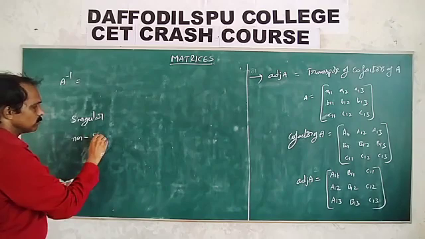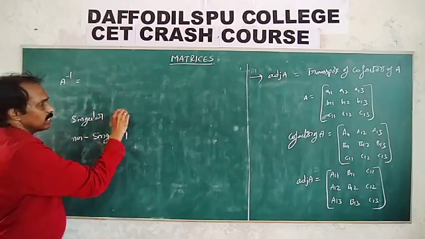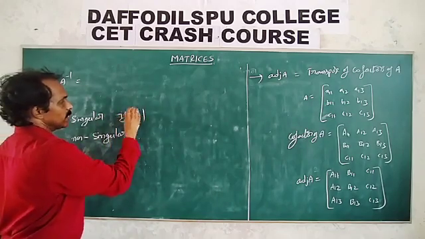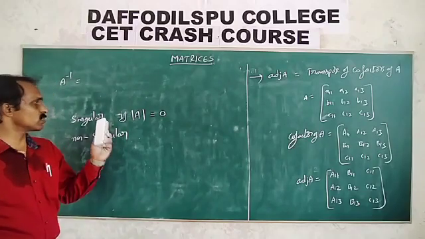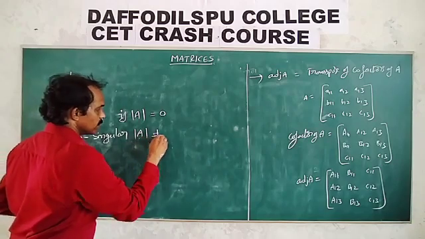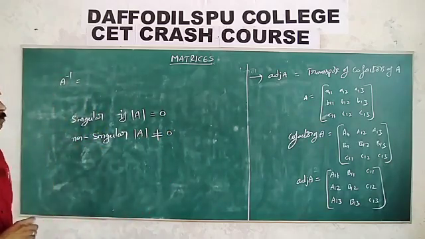Singular, non-singular. A matrix is said to be a singular matrix if determinant of A is equal to 0. If determinant of A is equal to 0, that is called a singular matrix. Non-singular matrix: determinant of A not equal to 0, that is called a non-singular matrix.